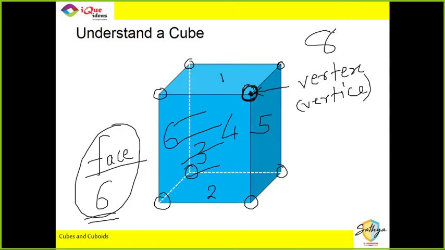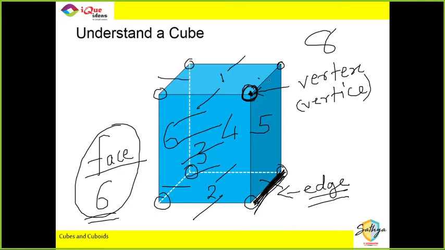Aditya, are you sure there are 8 edges? First of all, what is an edge? It is a straight line, right? The edge of a face is known as an edge. So how many edges are there in my cube or cuboid? No, Aditya, not 8. Count them. On the bottom we have 1, 2, 3, and 4. On the top 5, 6, 7, and 8.